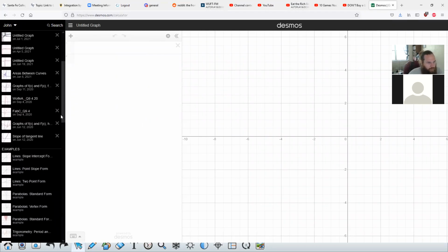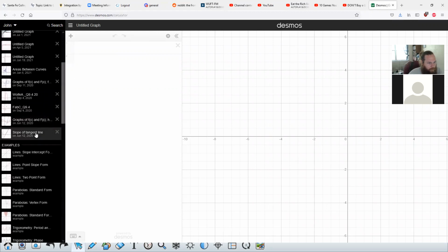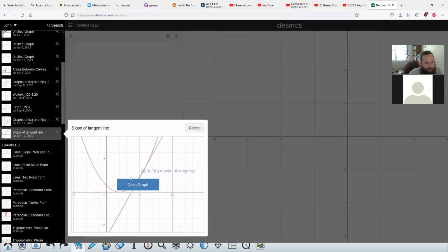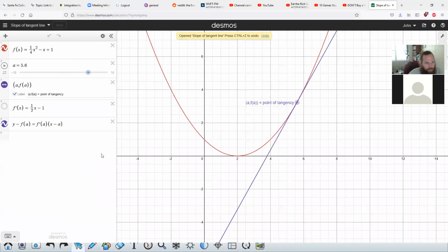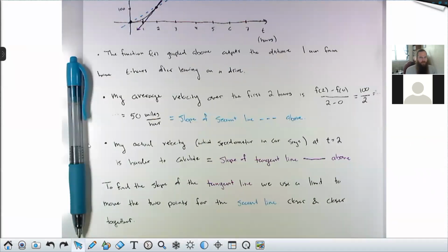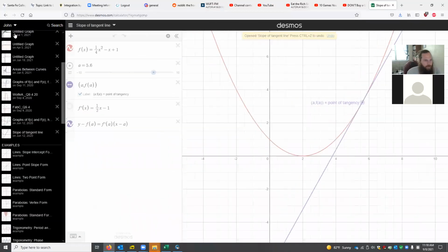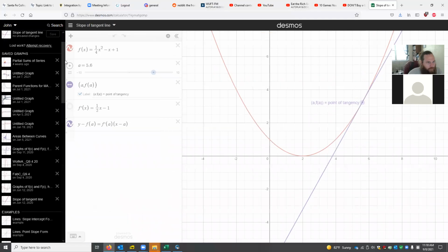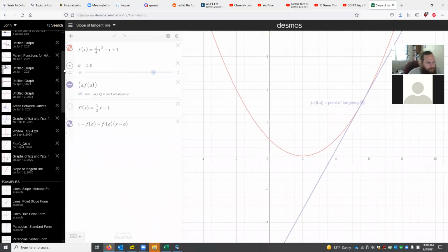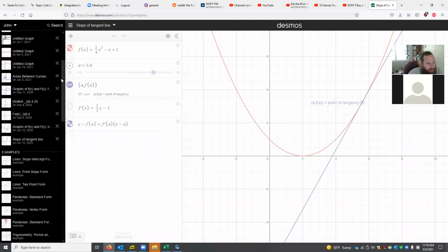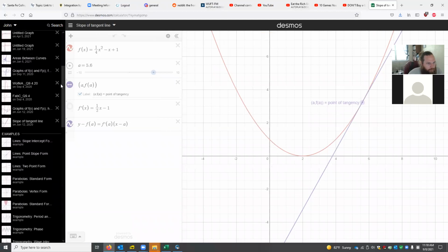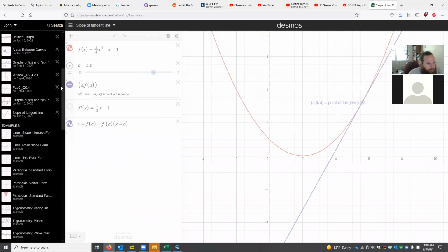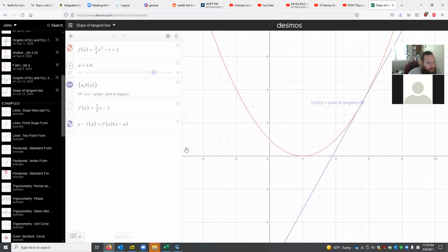Those are two curves. Slope of the tangent. Thought I had another one. So partial sums and total entitled. And let's go back to the front. Any questions from students? No, okay.